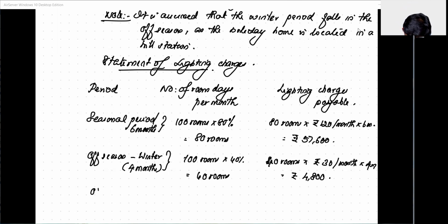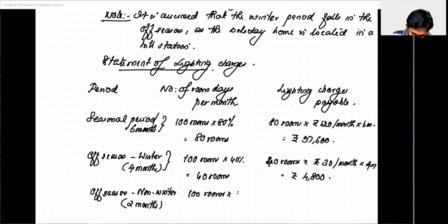Next, you have off season, non-winter, you have 2 months period. So here also 100 rooms, you will be having only 40%. So 40 rooms into 120 per month into 2 months.